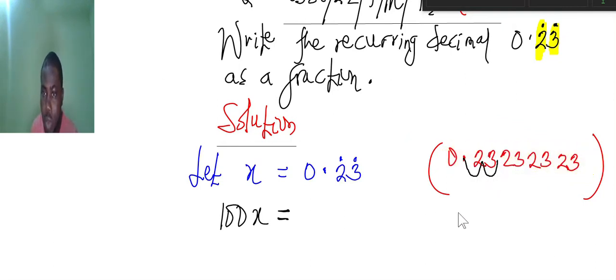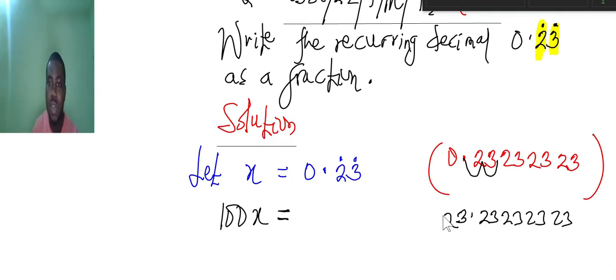That's 23.23232323 in that pattern. So I'm going to write 23 point. Now I see recurrence of 2 and 3, 2 and 3, in that pattern. And don't forget that this one also has 2 recurring digits, so I'm going to repeat the same thing here. So 23.23.